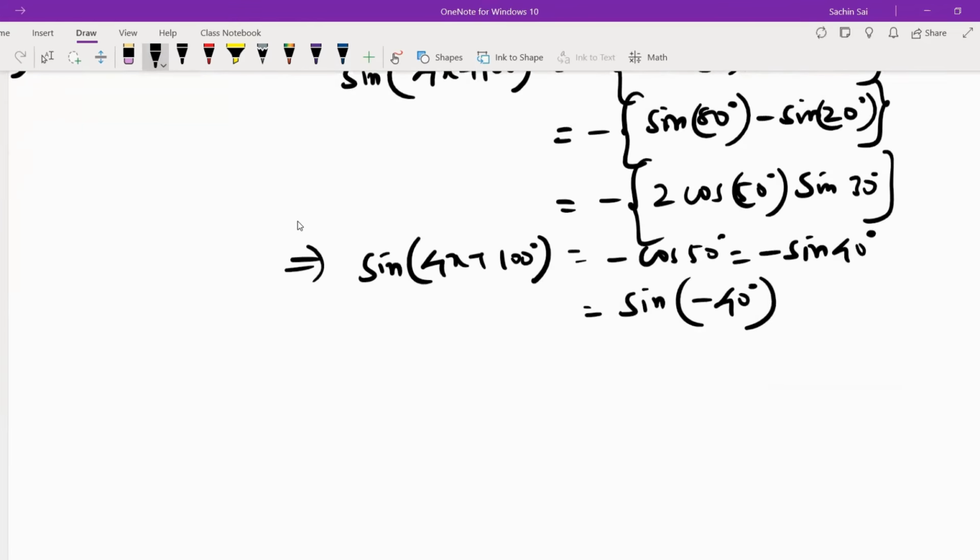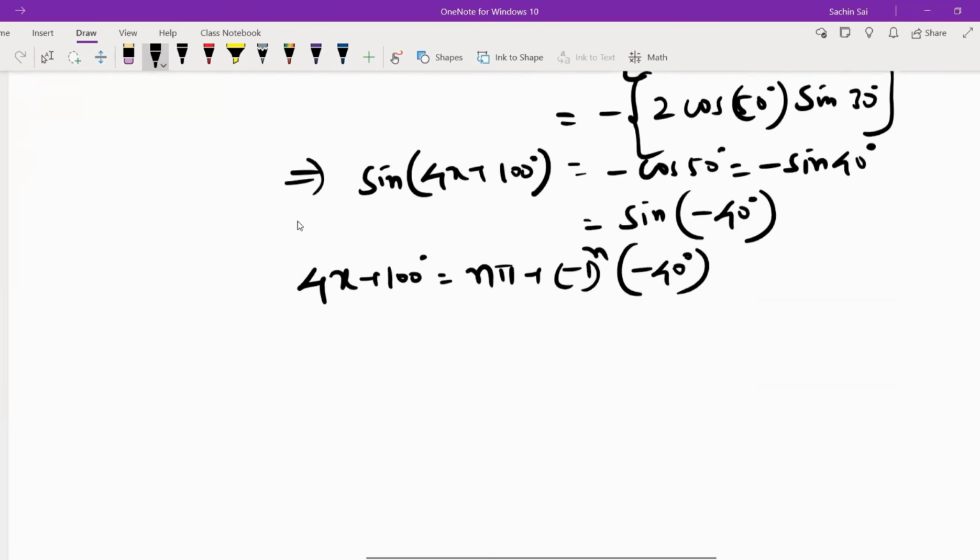Now I think substituting the options is easier, although you can also go for the general solution. If you are familiar with it, you can say 4x plus 100 is n pi plus minus 1 power n times minus 40 degrees. And then you can take different values of n and substitute, right?